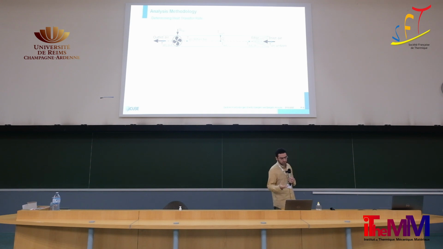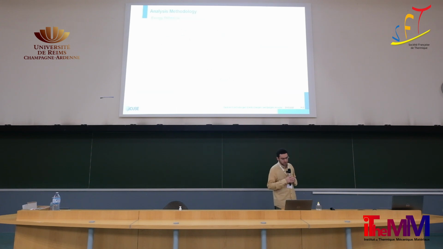In order to find the heat transfer rate between the air passing in the system and the soil around it, we applied an energy balance to the control volume of the pipe only, which helps us find the heat transfer, Q in the equation, using just the inlet and outlet enthalpies and the mass flow rate. These enthalpies were determined according to the temperature and the moisture content of the air.